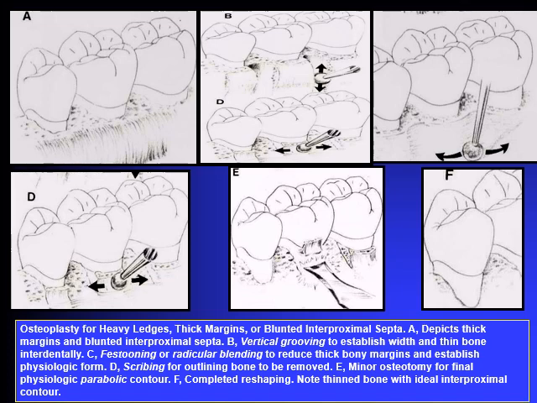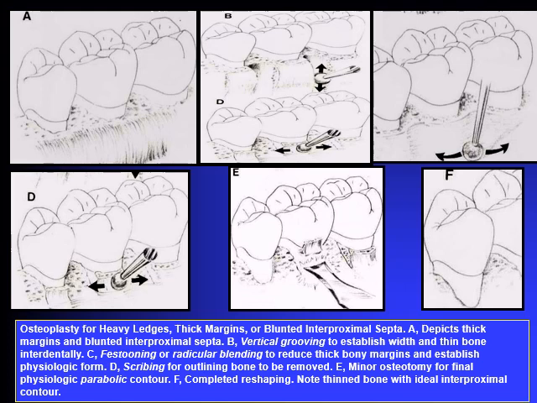In D, what we do? We may remove this shelf first. In B and C, this is purely an osteoplasty technique, which is vertical grooving, I repeat again, and the radicular blending. But in D, we make here the osteotomy technique. We remove a little bit of the alveolar bone support from the marginal bone.